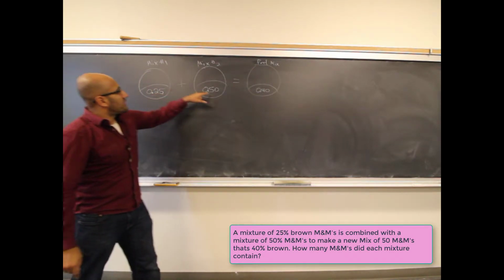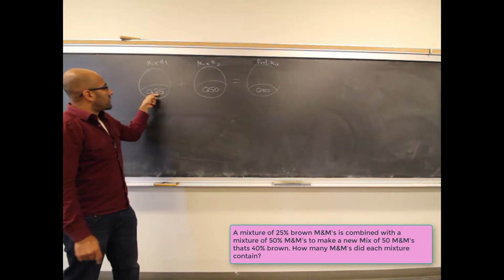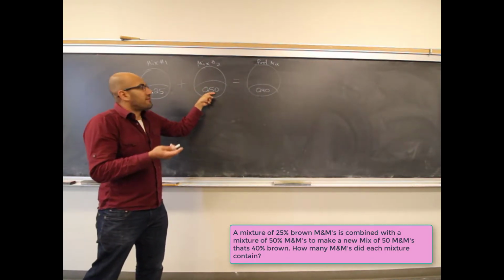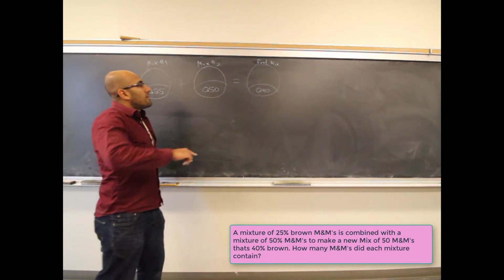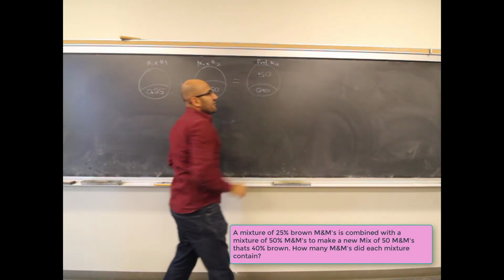So the ones here do not add up, right? Because as we saw from before, 25% plus 50, that'd be like 75, not 40. Okay, you might be told some of these things, like you might be told that that guy is 50.